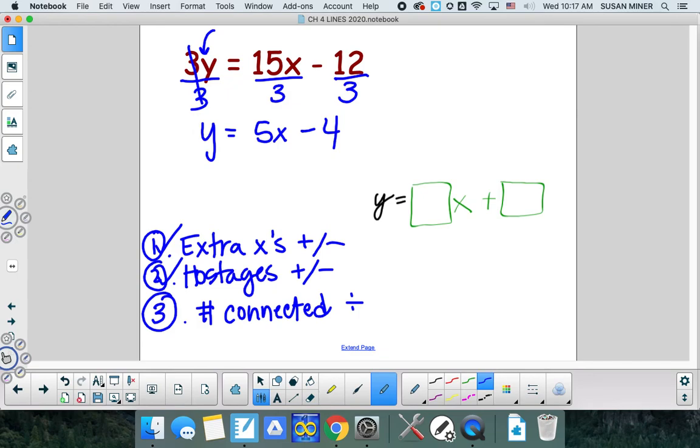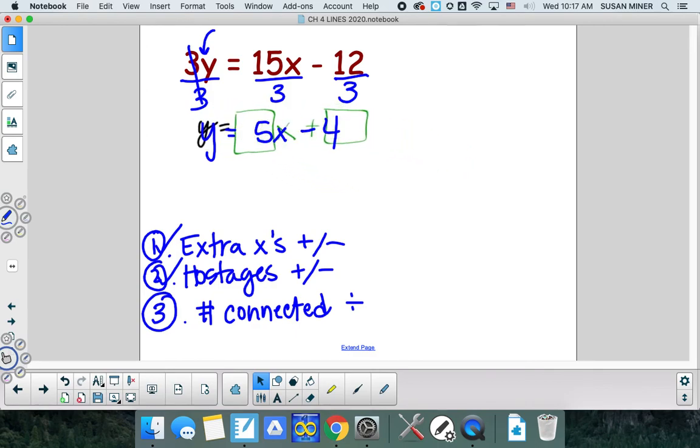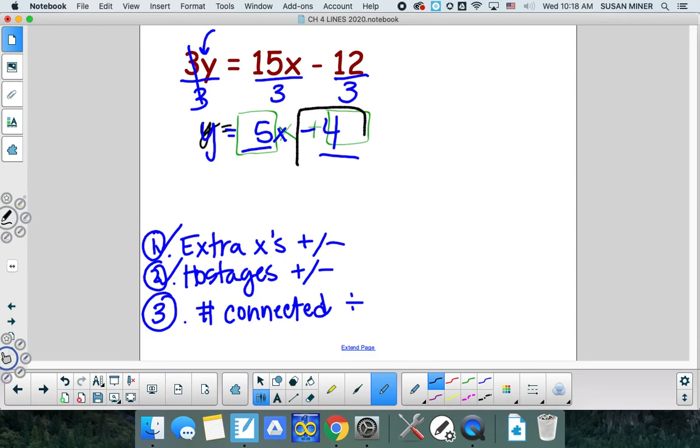So my y equals blank x plus blank. Oh, this doesn't fit as well as the other one does. But there's my y equals blank x plus blank. My y-intercept is always the number that is not connected to my x. And so my y-intercept in this equation is -4.